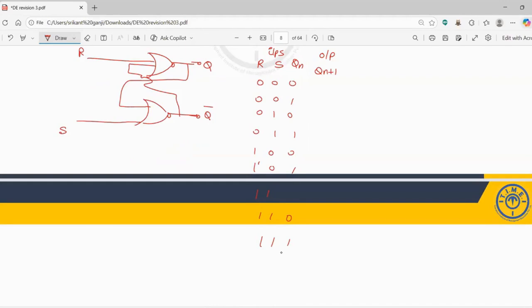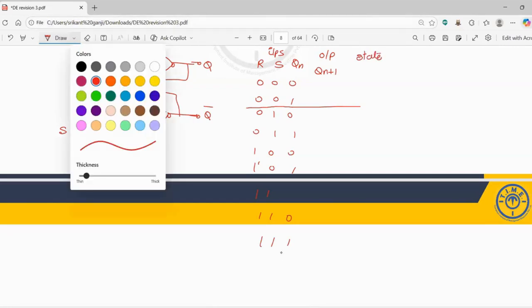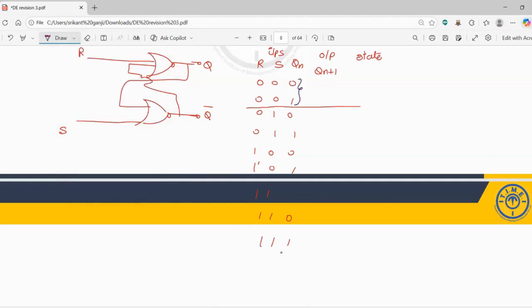Whatever it may be, if the input is 0 0, there is no change. The state doesn't change. You can observe that whatever the values are, the same values are displayed in the output. When the present state is 0, 1 and the input is given as 0, 0, the same will be reflected here. I can write it as no change.